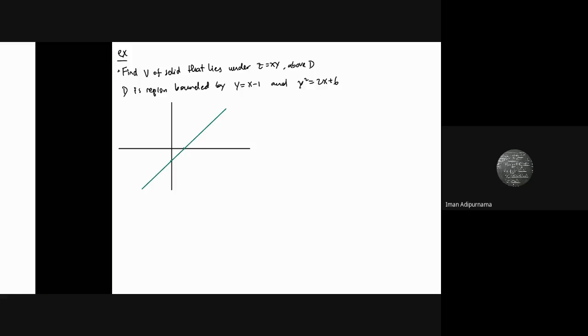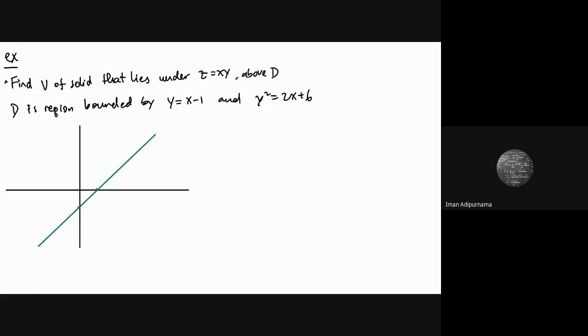Now, before we go into calculating, let's just look at the formula here. Now you have y squared equals x plus 6. This will be a sideways parabola like this, right?